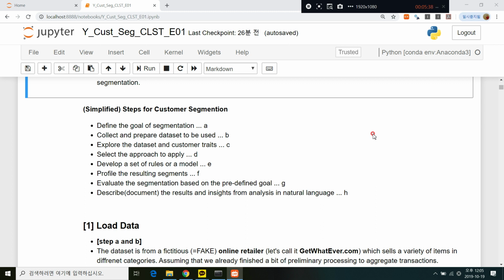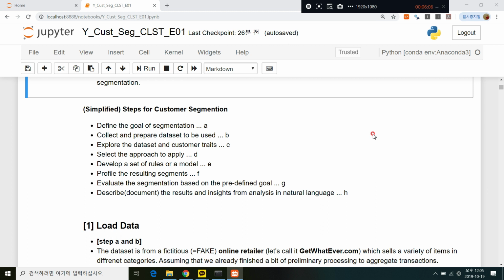Okay, describing the results: prepare a document describing the results and the insights gathered from all the stages, small or big, whatever, from the analysis, in natural language that anybody can understand.